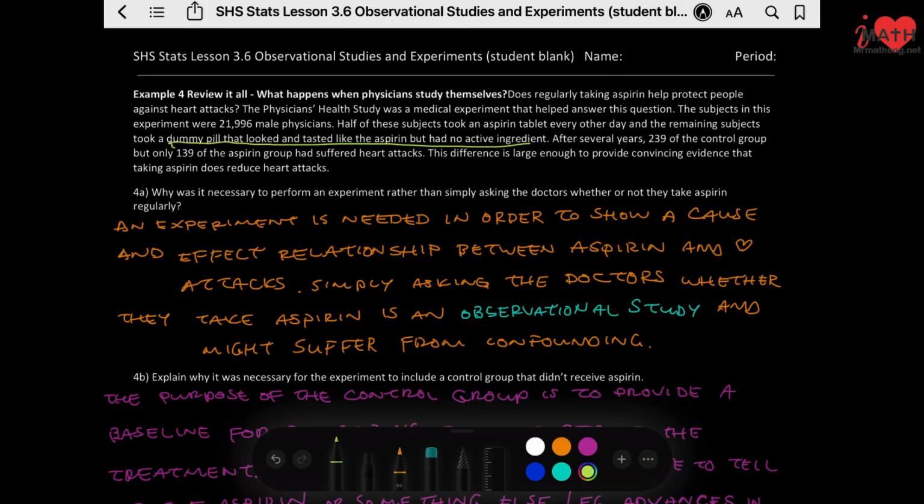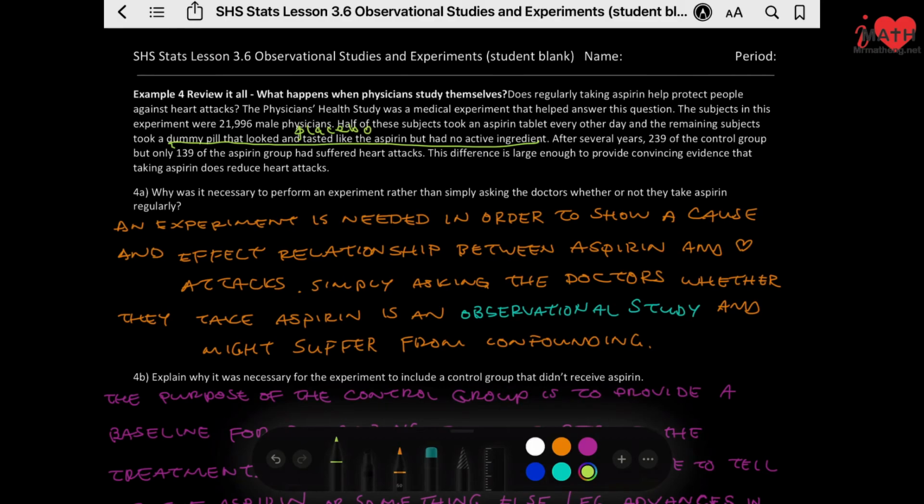Basically, they were given a placebo, a fake. After several years, 239 of the control group, but only 139 of the aspirin group had suffered heart attacks. This difference is large enough to provide convincing evidence that taking aspirin does reduce heart attacks. Why was it necessary to perform an experiment rather than simply asking the doctors whether or not they take aspirin regularly?